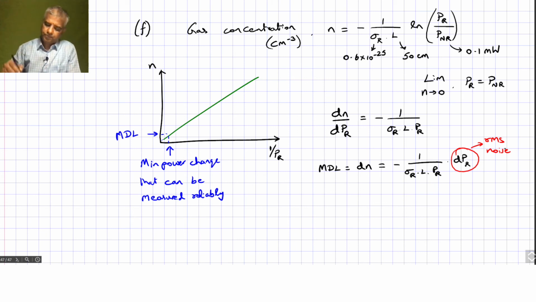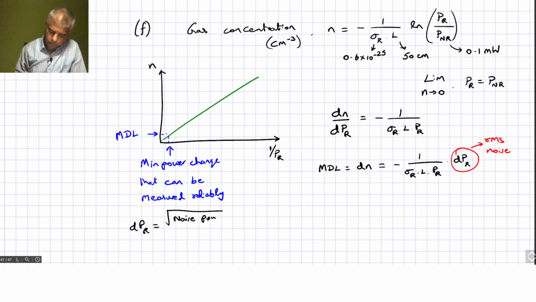Okay. So let's go ahead and determine dPr. So dPr is going to be given by the root of the total noise power divided by your responsivity.